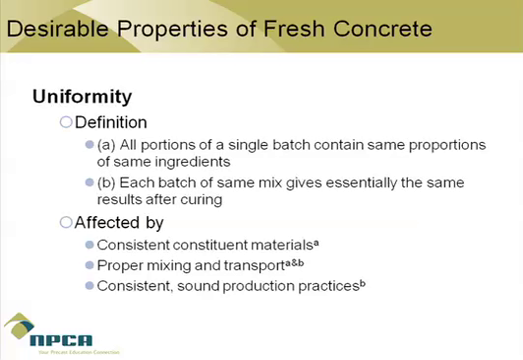To clarify, when we talk about uniformity, we're talking about having the same proportions in all portions of a given batch, as opposed to consistency, which means having the same properties from batch to batch. Uniformity is affected by factors such as the quality of constituent materials, proper mixing, transport techniques, and production practices.